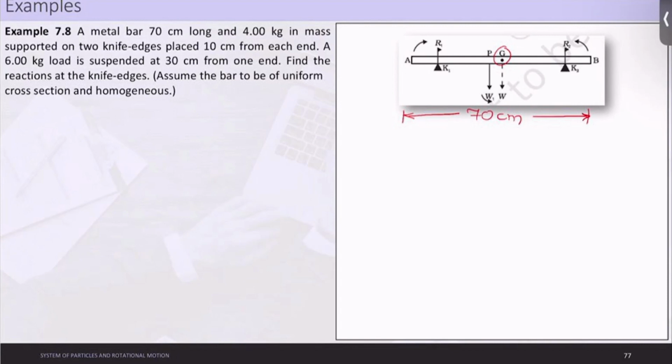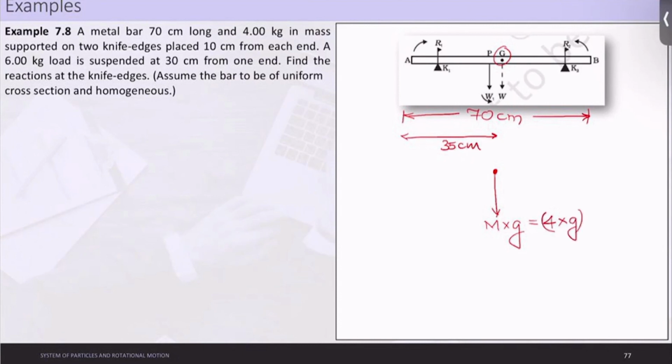So at a location of 35 centimeter from here, there will be a force acting in downward direction, which is nothing but equal to m into g. What is m here? m is 4. What is g here? That will refer to the question, how to solve the question. So let me write it as 4g only, right?